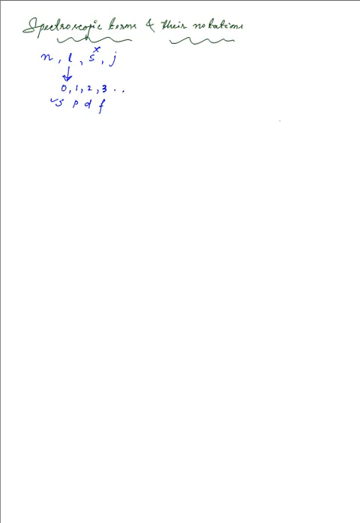Thus, an electron with n equal to 2 and L equal to 0 will be denoted as 2s: 2 for the value of n and s for the corresponding value of L, that is equal to 0. And then again, for n equal to 3 and L equal to 1, we have 3p.